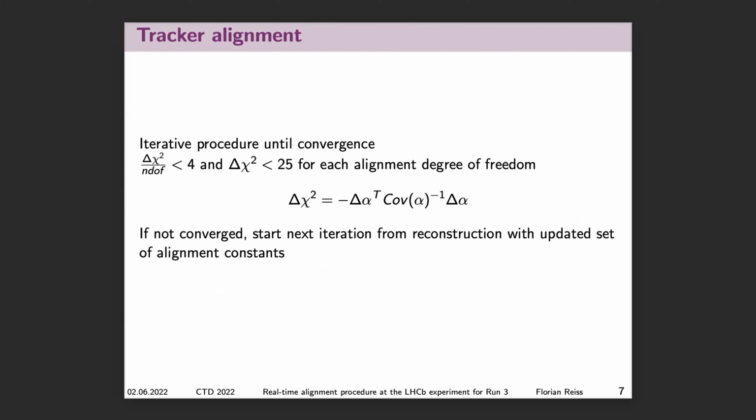What we typically used to have is to require that the change in chi-square divided by all the degrees of freedom is smaller than 4, and also that the delta chi-square for each alignment degree of freedom is smaller than 25, where this delta chi-square depends on the change in the alignment constant and also the covariance matrix of the alignment parameters.